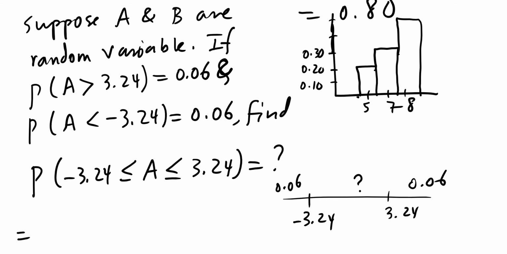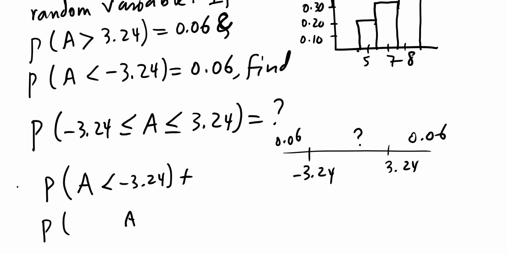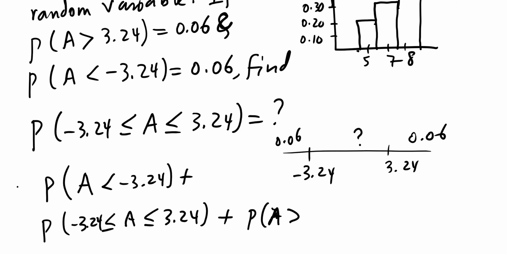Well, the way you do this is, you can say the probability that the random variable is less than -3.24, plus the probability that A is between -3.24 and 3.24, plus the probability that A is above 3.24.